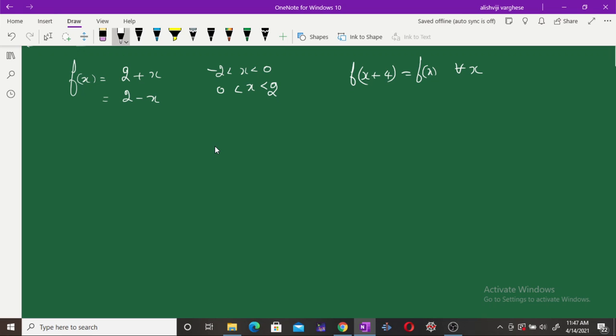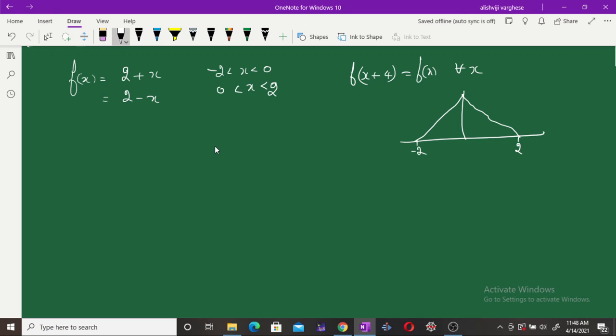If you plot the function, it is something like this. Let this be minus 2, this is plus 2. From 0 to 2 it is 2 minus x, so when x is equal to 0 it is 2, when x is equal to 2 it is 0, so it is a straight line like this. In the interval 0 to minus 2 the value is 2 plus x, so when x is equal to 0 it is 2, when x is equal to minus 2 it is 0, so this is again a straight line.